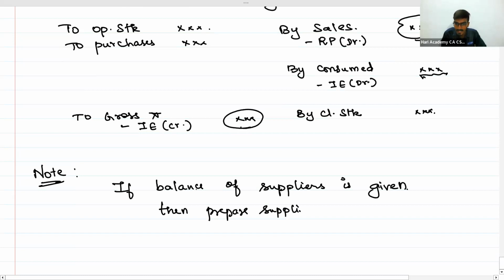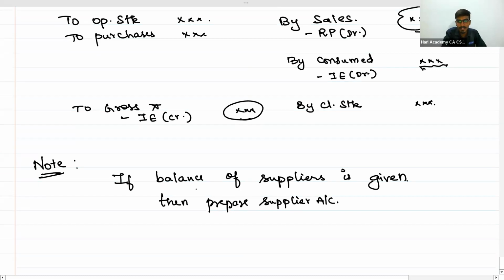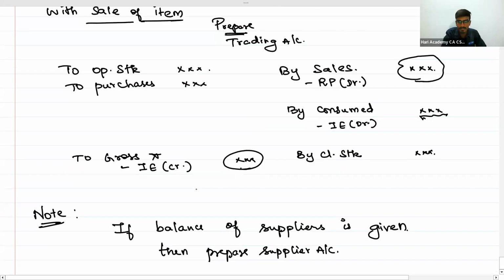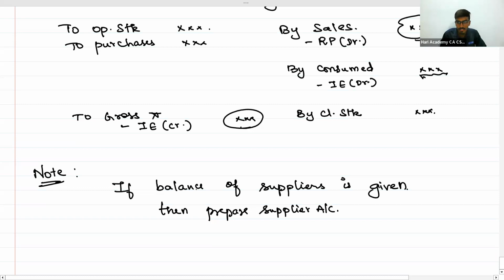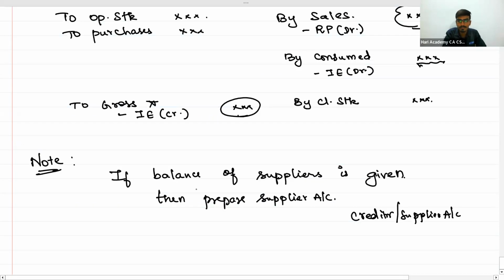Here I am not saying creditor, I use the word supplier account because it is a non-profit organization. So we are going to prepare creditors, or you can also say suppliers account.